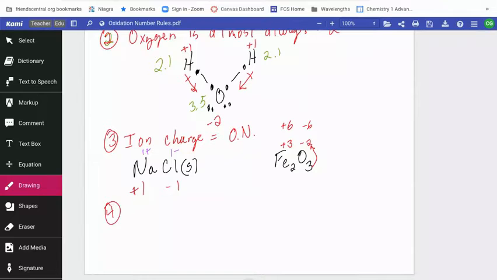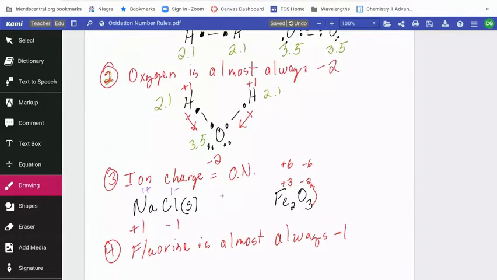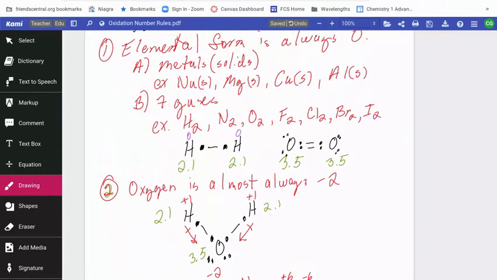Rule number 4, kind of like the one with oxygen, we'll go fluorine. So fluorine has the highest of all electronegativities. So again, it is almost always, because there's never an always in chemistry, -1. And the reason for that is because of that electronegativity. The only time it's not, and we'll go back up to here, is you see this fluorine right there.